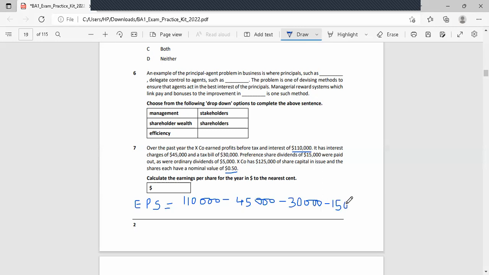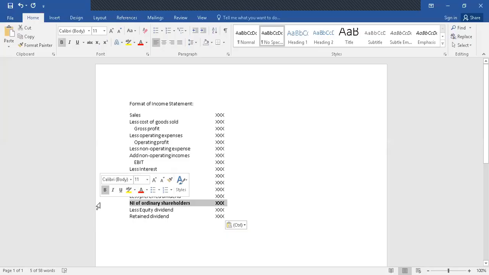Okay, the rest of it, do we deduct 5,000? No, we are talking about how much earnings are available. It's not about what the retained earnings are. We are talking about what amount of profits are available. For EPS, the base is the profit available to equity shareholders.